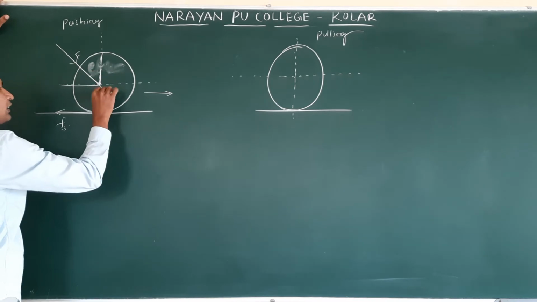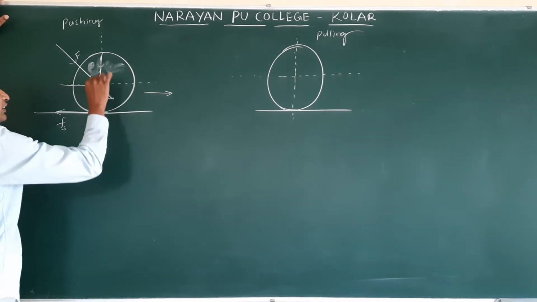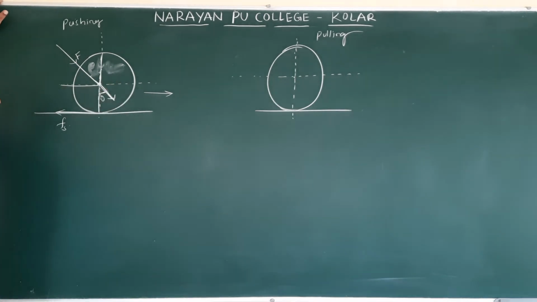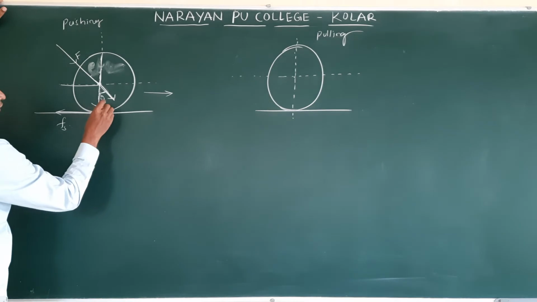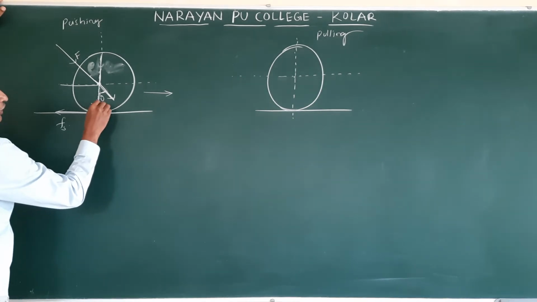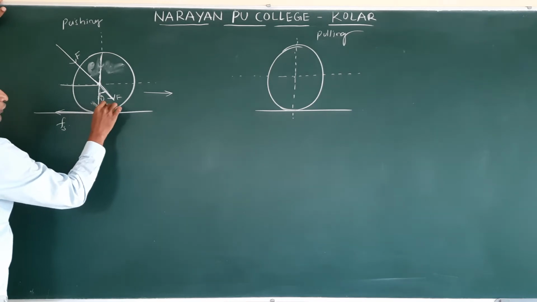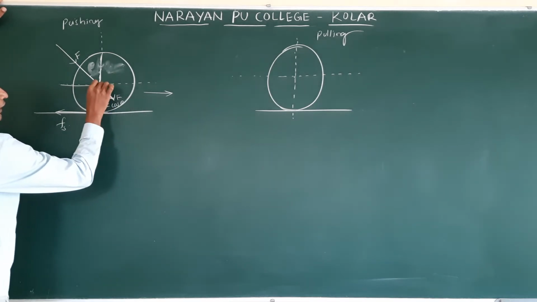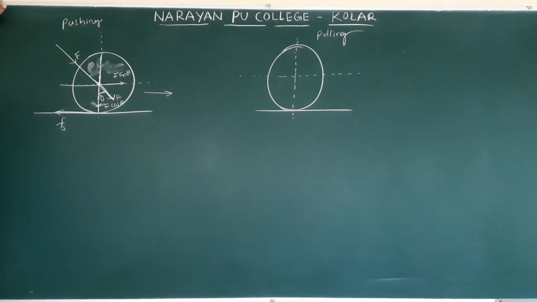If this angle is theta, this will be theta. Right? This is the applied force direction. Now along this, this is F. This is what? F cos theta. And along this, F sin theta.